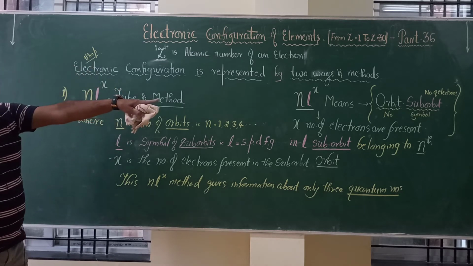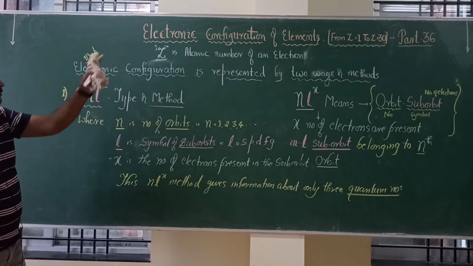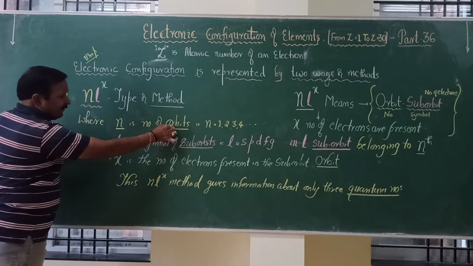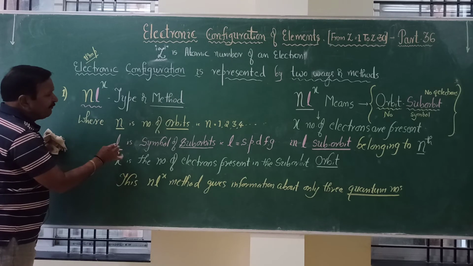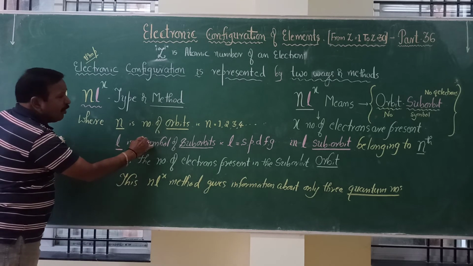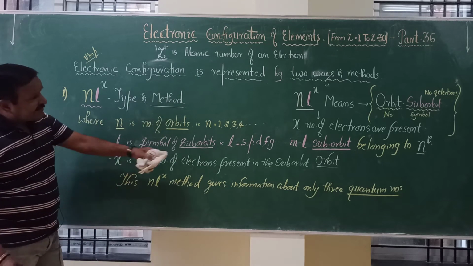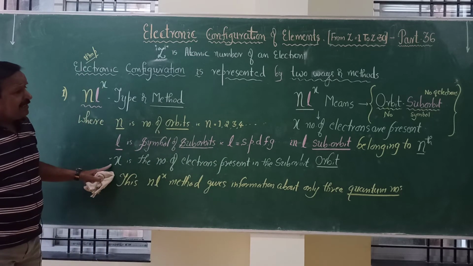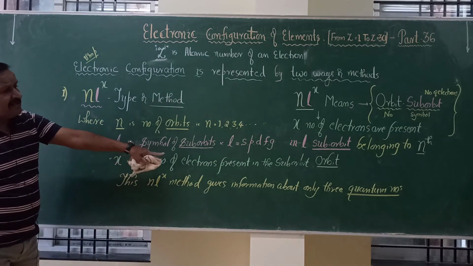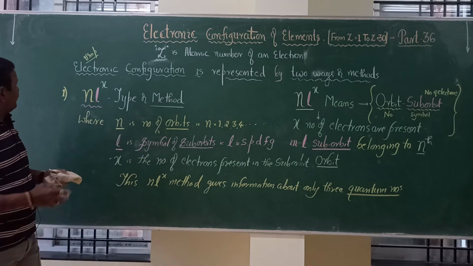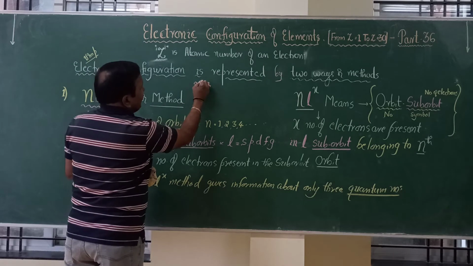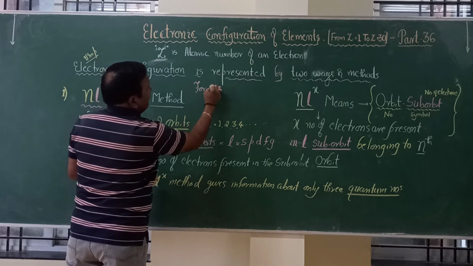Already written here: orbit, suborbit, number of electrons, where N is number of orbit, which is a number only. L is symbol of suborbits, s, p, d, f, g, and X is the number of electrons present in the suborbit.